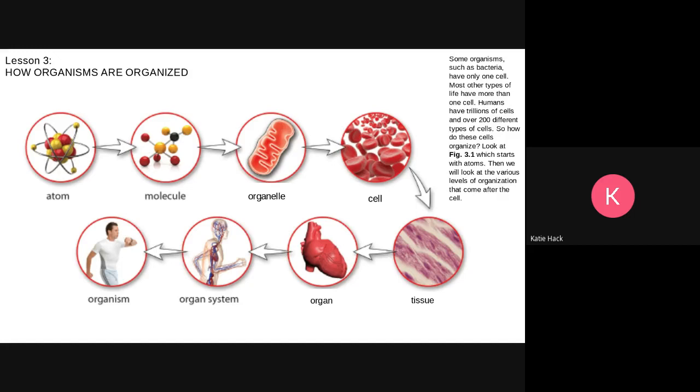Those organs then work together to form an organ system. And then you can have multiple organ systems that form an organism. So some organisms, though, such as bacteria, will only have the one cell, while other types of life have more than one cell. Like humans, we have trillions of cells and over 200 different types of cells.